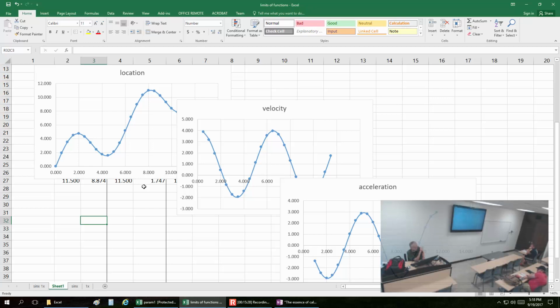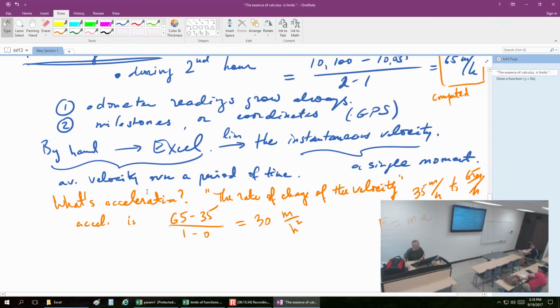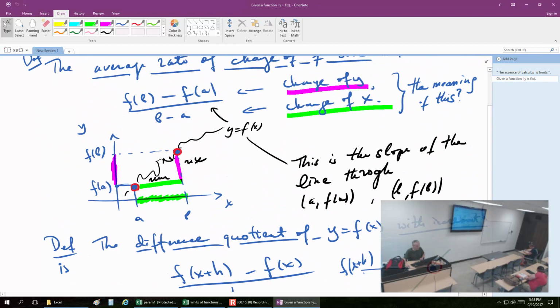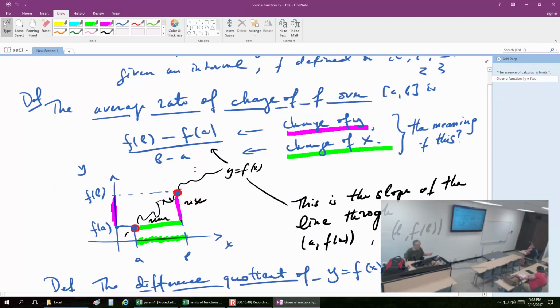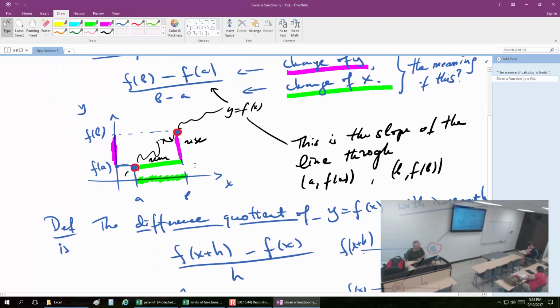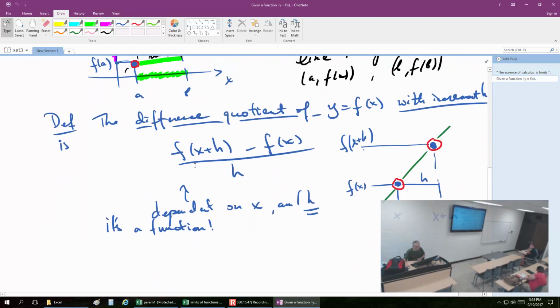Okay, so if we want to do theory and we want absolute precision, then we have to do limits. So that's what we started doing yesterday. Not, as you can see, we didn't get to the limits yet, but that's what we're looking at, and so let's continue with this.